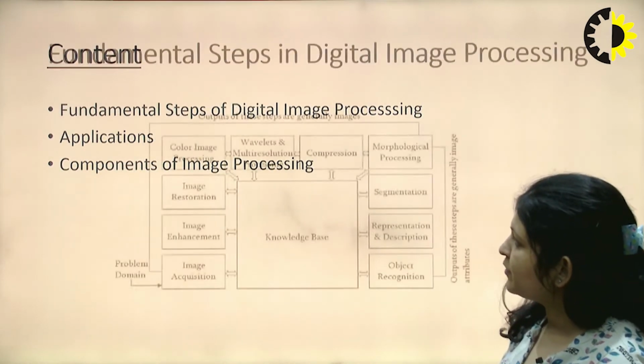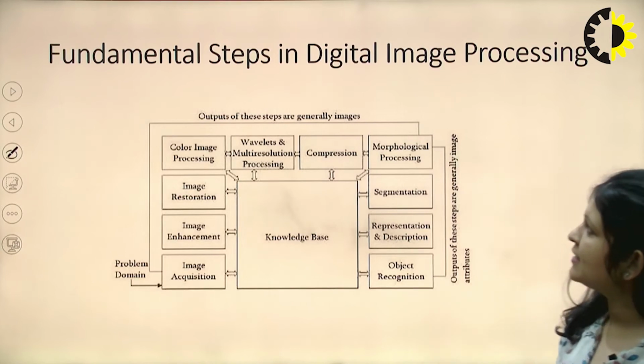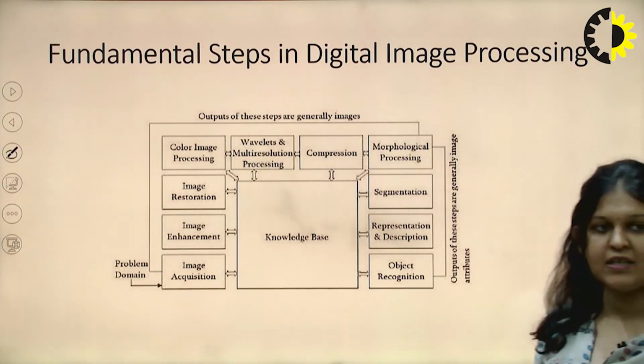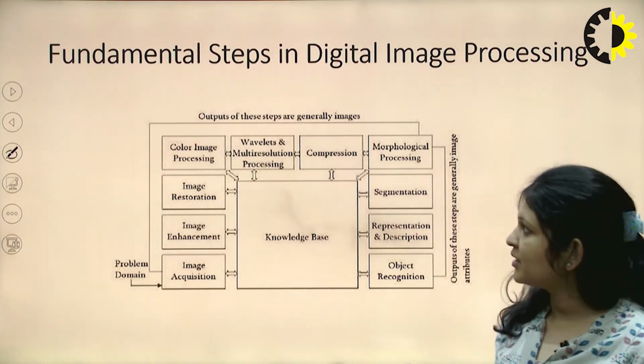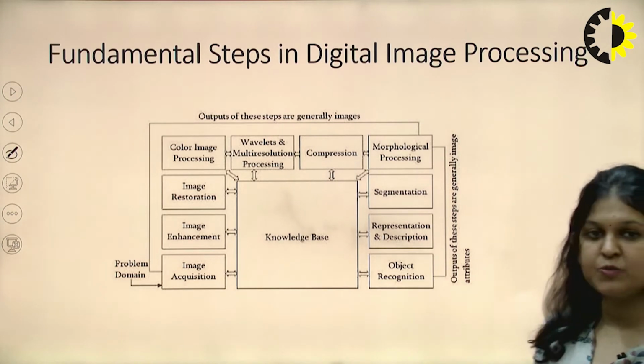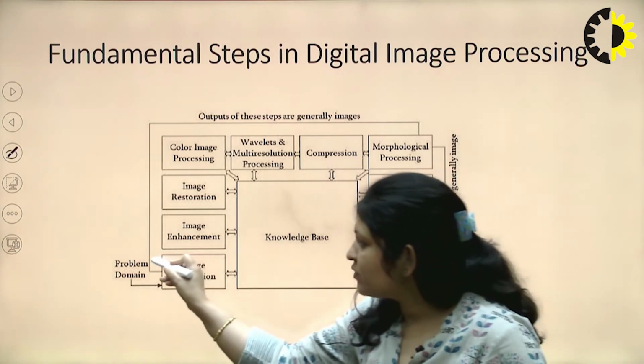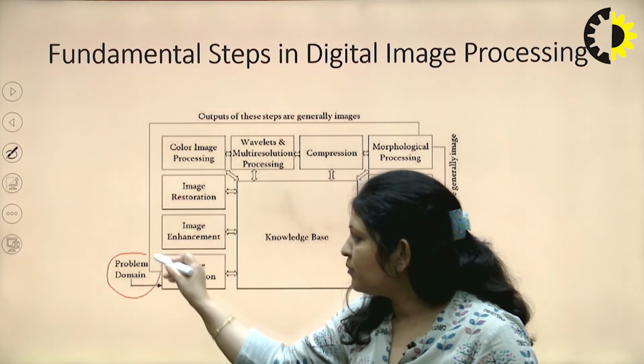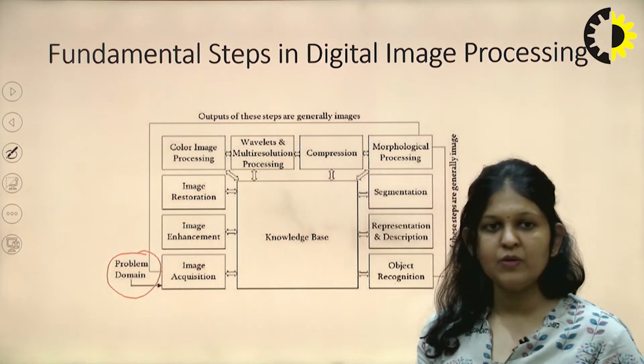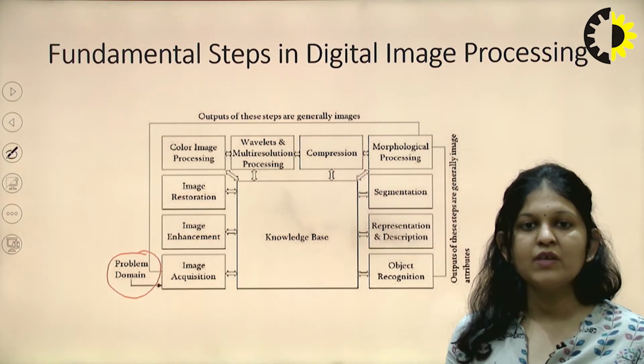Now let's see the next content, that is the fundamental steps in digital image processing. First we will see the problem domain that we are talking about. An image can be related to various domains.